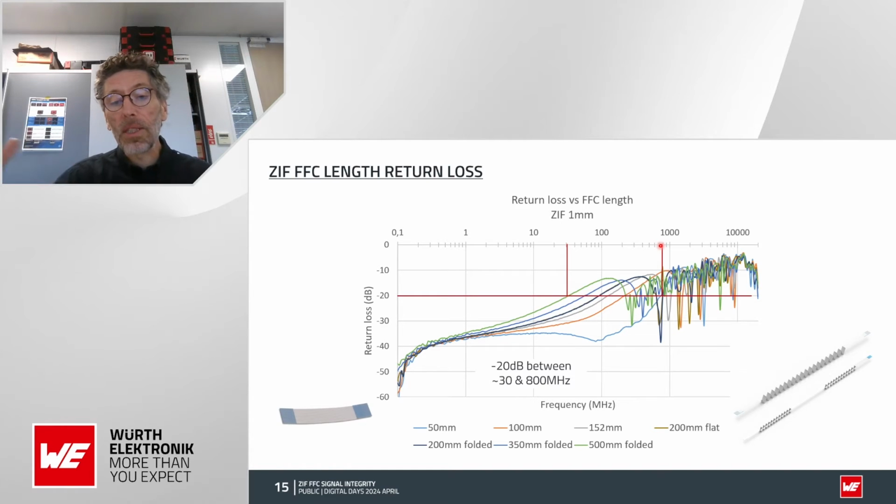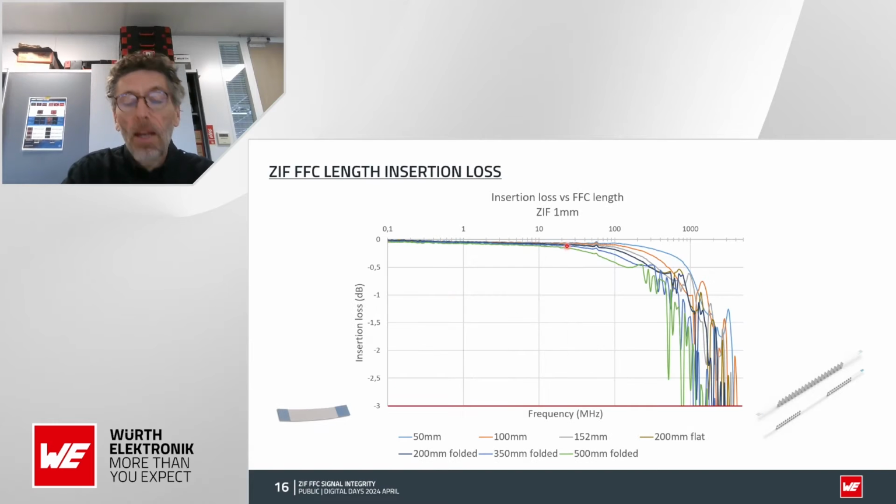But if you increase the length of the FFC, for example for the longest one, 500 millimeter, then at minus 20 dB you have only 30 megahertz. So what you see is that if you want to limit the return loss, then you need to shorten your FFC.